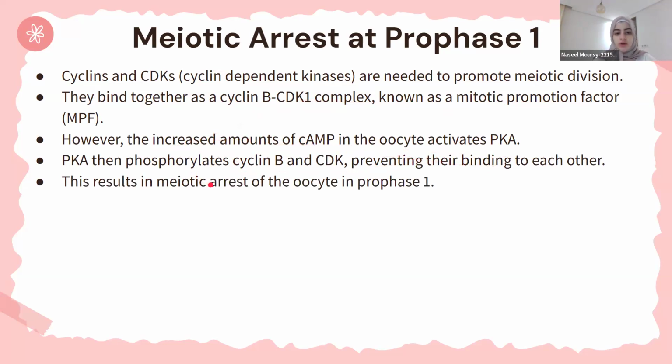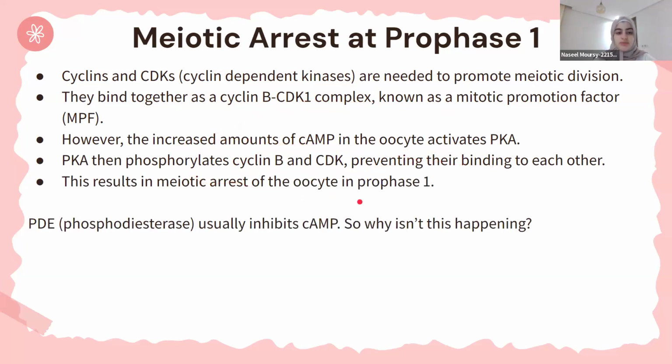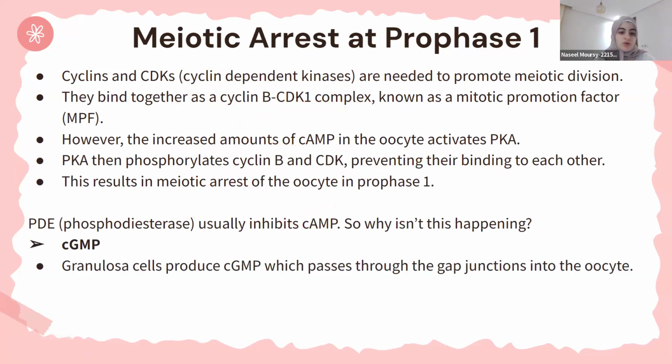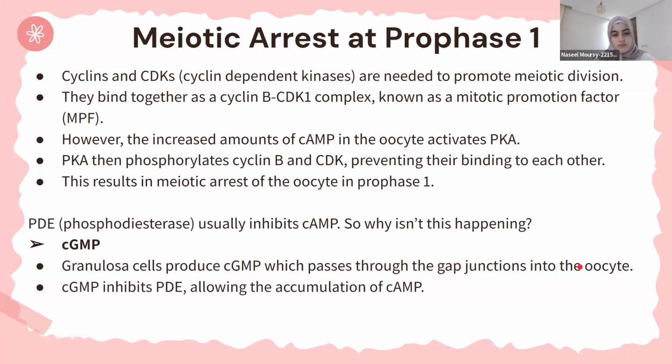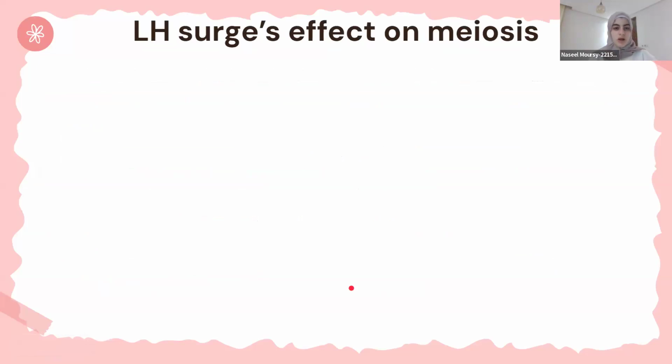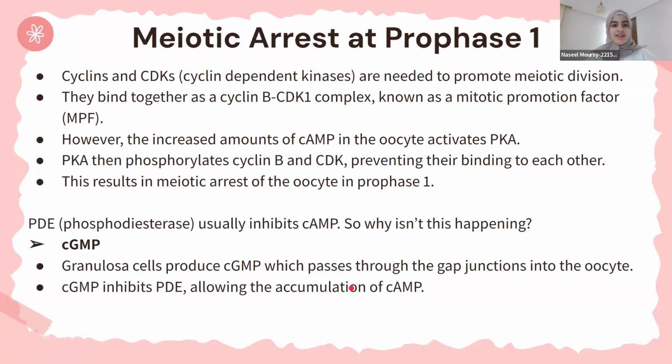This results in meiotic arrest of the oocytes in prophase 1. Now we said phosphodiesterase usually inhibits cyclic AMP. So why isn't this happening? Because of cyclic GMP. So cyclic GMP comes from the granulosa cells, and it passes through the gap junctions into the oocytes. Cyclic GMP then inhibits phosphodiesterase, and it allows the accumulation of cyclic AMP. Okay, so this is how the oocyte, the primary oocyte, is arrested in prophase 1.